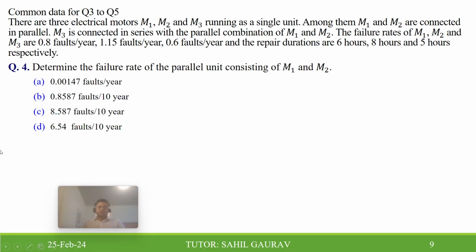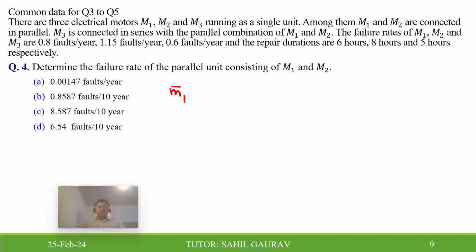So in this problem, we have to find the failure rate of the parallel unit consisting of M1 and M2. So here we will use this expression for the parallel unit.